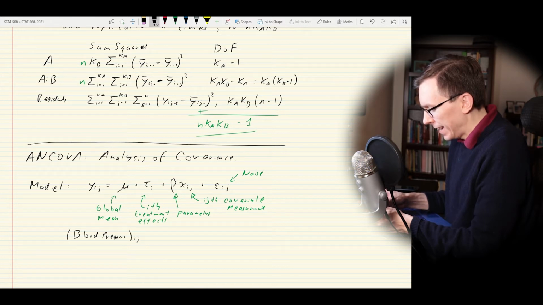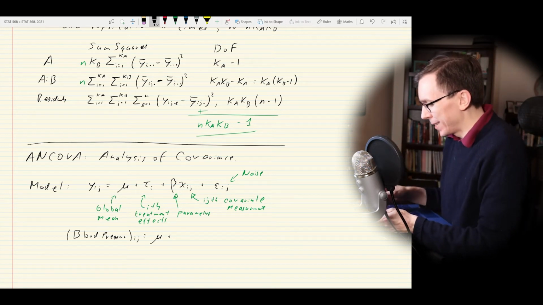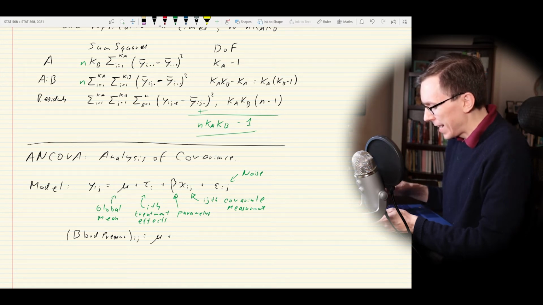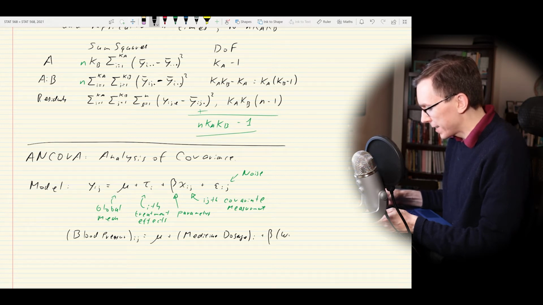In that case, it would be a function of whatever the global average is, some average of what a human's blood pressure should be, plus the medicine dosage I. And then we might have some beta parameter times the weight of the subject.